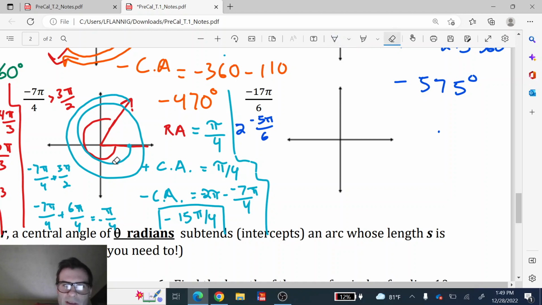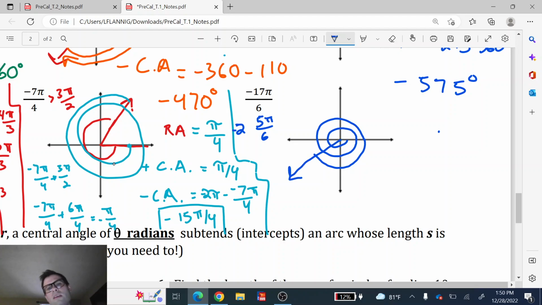I guess I would put the negative out front. So you know it goes 2 full times around. It's like 1, 2, and then a 5 pi. So like over here. So that's what that angle looks like. I know it's kind of gross.